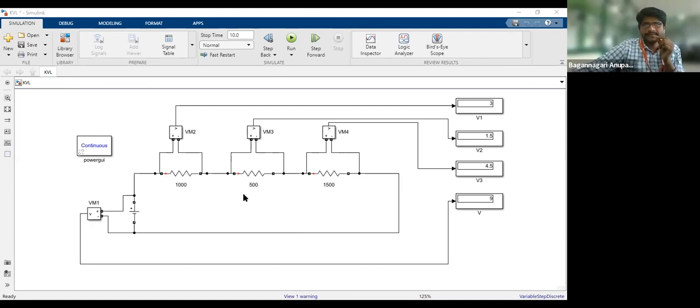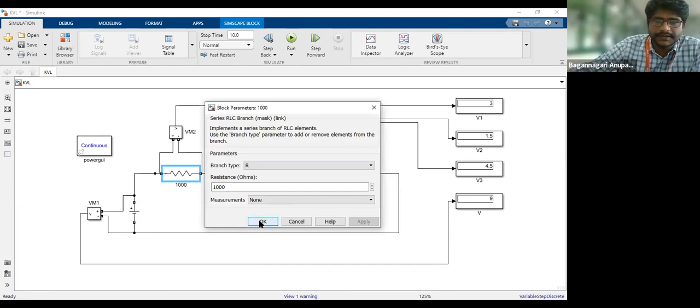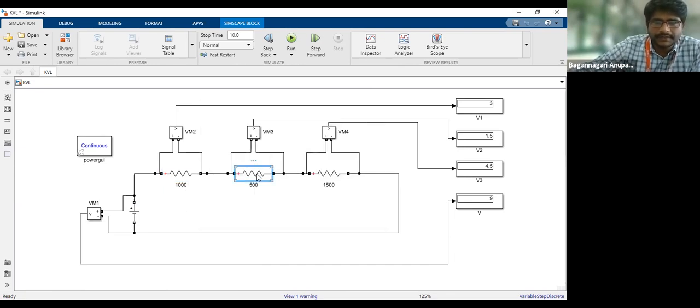Okay, fine. This is a simple series circuit, which we were deriving in the classes for defining KVL. Assume a voltage source of magnitude 9 volts and three resistors connected in series: 1000 ohms, 500 ohms, and 1500 ohms.